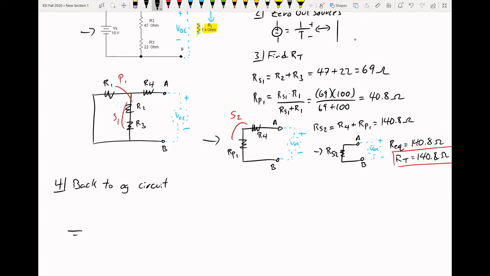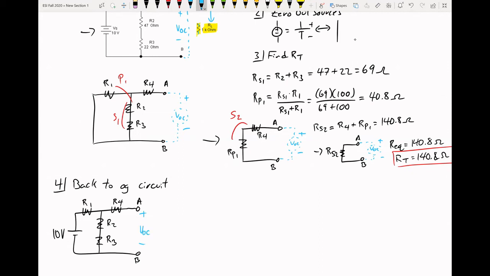Here, let me just go ahead and waste everyone's time. R2, R3, R4. That's A, that's B. This is 10 volts, and this is R1. Okay, and then plus minus VOC.